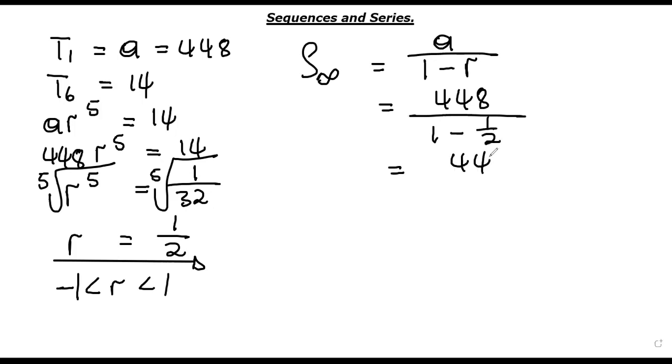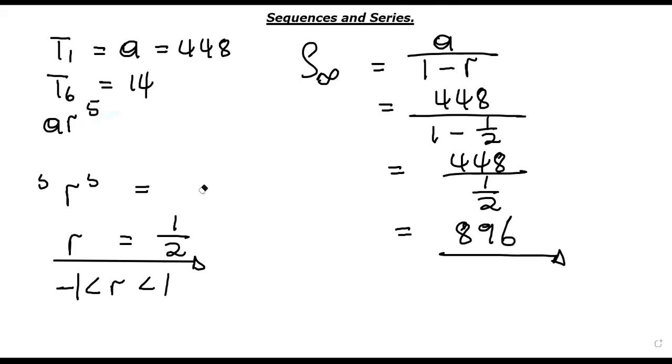So if you say 1 minus half, you get a half. And 448 divided by half is the same as 448 multiplied by 2. So here you simply get 896, and then your happiness is complete.